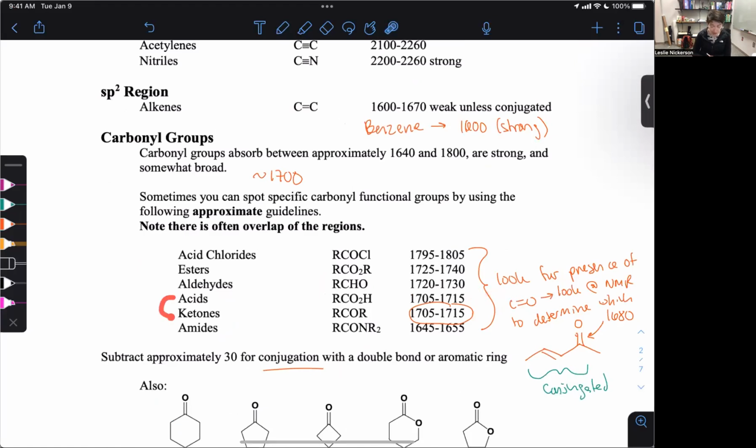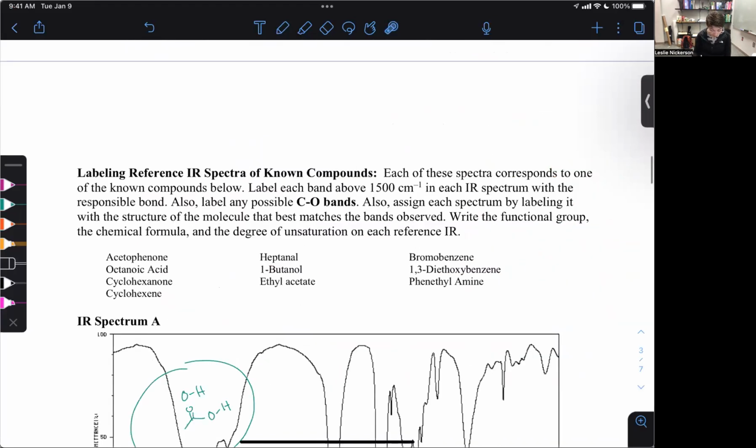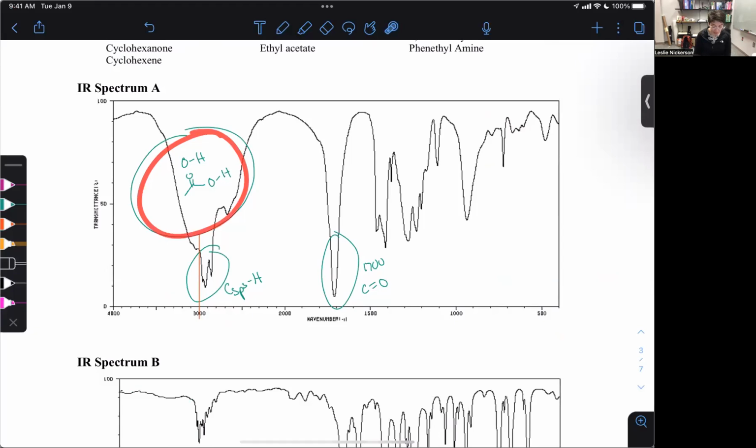The acid and the ketones, keep in mind, line up pretty much about the same. So using the evidence that we have from the rest of our spectrum, if we have this as a guess, that would make sense that we probably have the carbonyl of that acid somewhere, right?